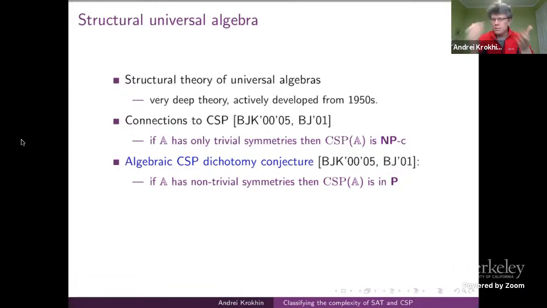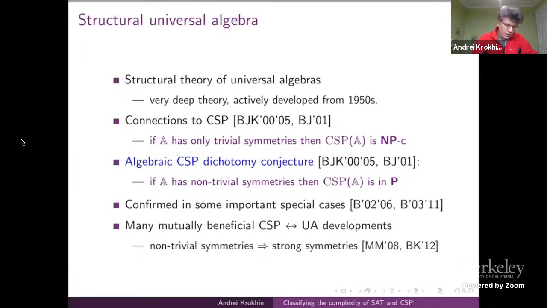Trivial symmetries means 3SAT reduces to your problem by gadgets. Non-trivial symmetries mean that there is some substructure in your problem which you can use to provide a polynomial time algorithm. Well, of course, that's hard. That's not easy. It's just some non-trivial symmetries. What does this mean? Maybe you can have some very weak non-trivial symmetries.